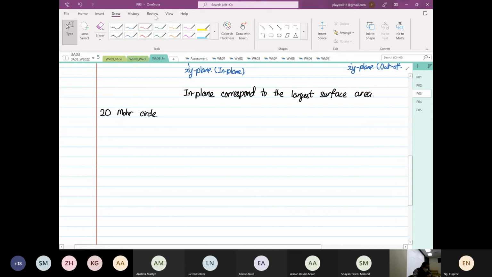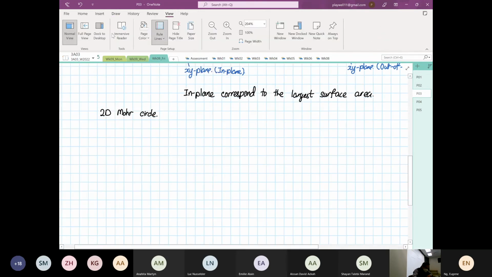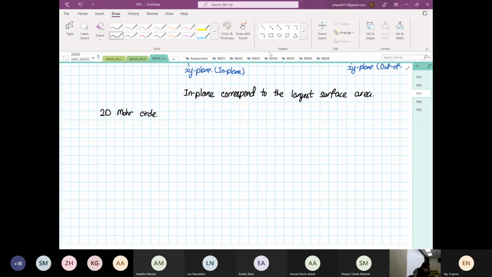Okay, so we are going to start from an element. Okay, so this is our element. So this corresponds to our x and y. Okay, so over here we have a stress.